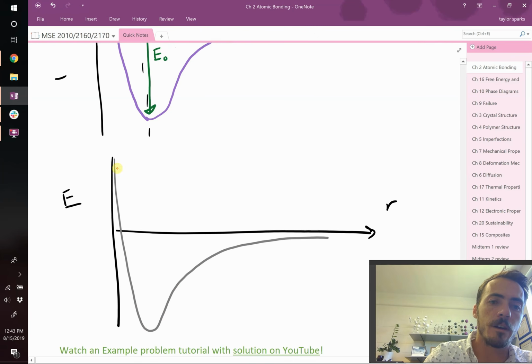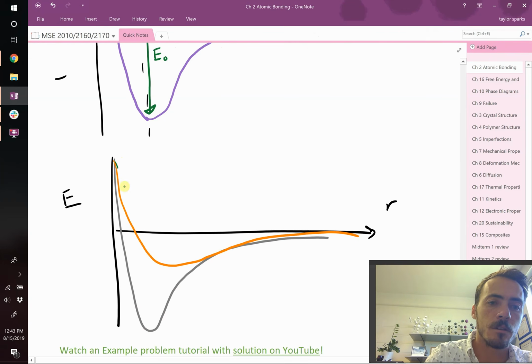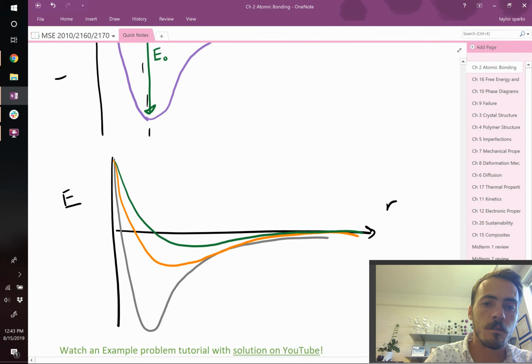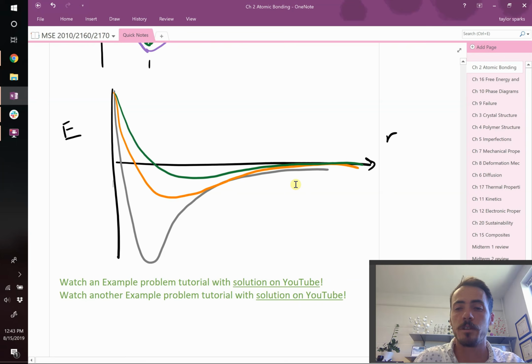One looks like this. And one looks like, running out of colors, that. So if I said that one of these is a metal, one is a ceramic, and one is a polymer, which one's which? First off, a polymer is a plastic. So metal, ceramic, plastic. How would you go about thinking this?